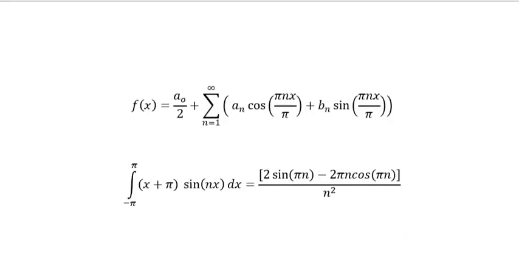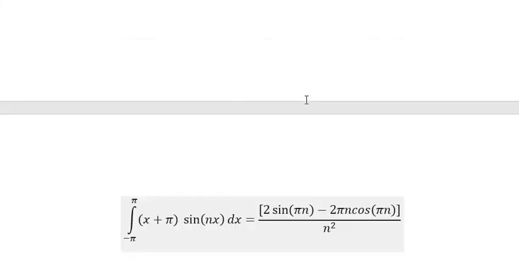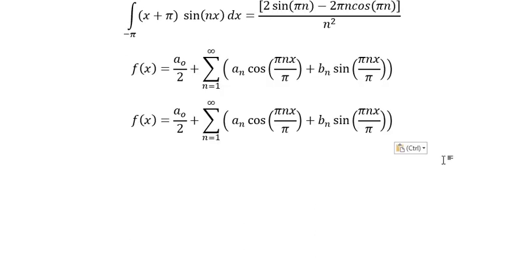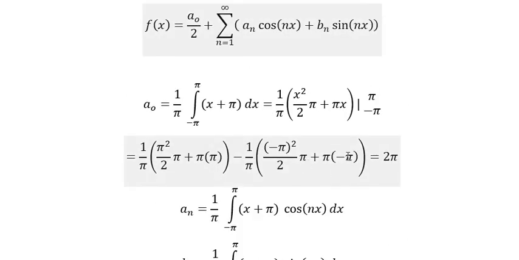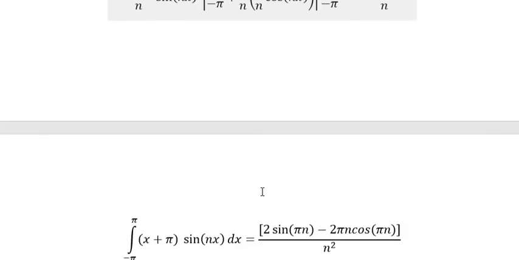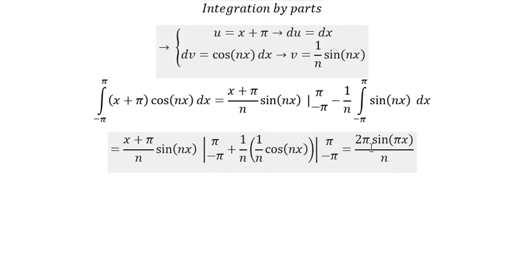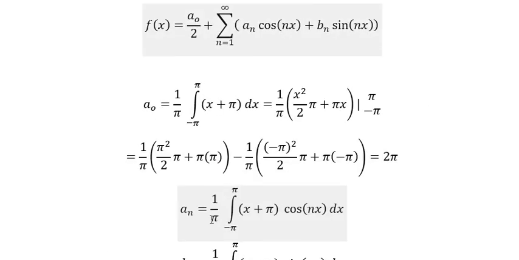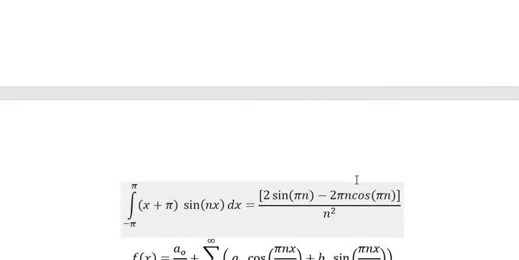So we have a0 that is about 2b in here, and an is about this one, and we just divide by b in here, and we just have 2 sine bx over n.